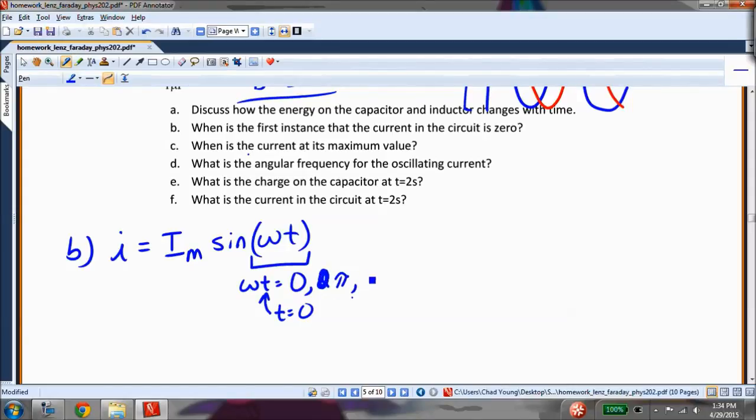The next instant occurs when it's equal to 2 pi, 3 pi, 4 pi, and on and on. If I think about this circuit going around in phase space, it occurs here and here and here and here and back and forth. So whenever omega t equals some integer multiple of pi is when the current is equal to 0. But the first instant is when t equals 0.